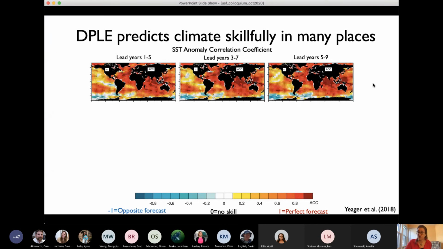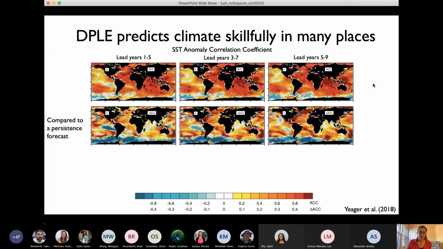The first thing we usually do is compare to a persistence forecast. We compare the change in our skill, ACC, against each of these 3 times. You can see that in many places it's red, indicating that we are doing better than a more simple persistence forecast, especially out 10 years in the North Atlantic.